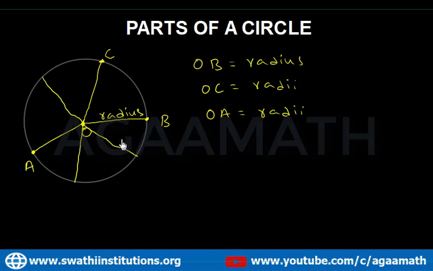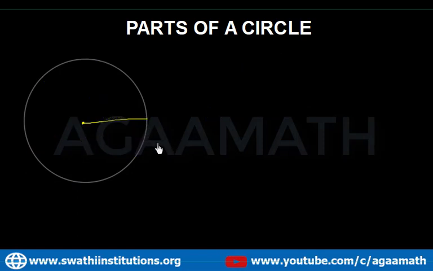Let us see one more, that is what the diameter is called. Just now we knew that OB is the radius, right? Now when I draw another radius, this is C, and you can see that BC is exactly passing through the center of the circle.